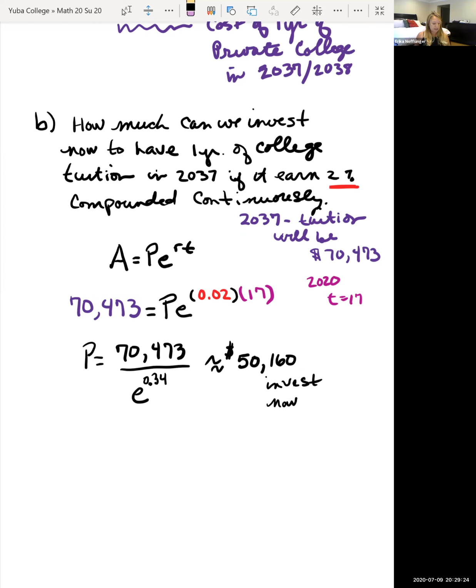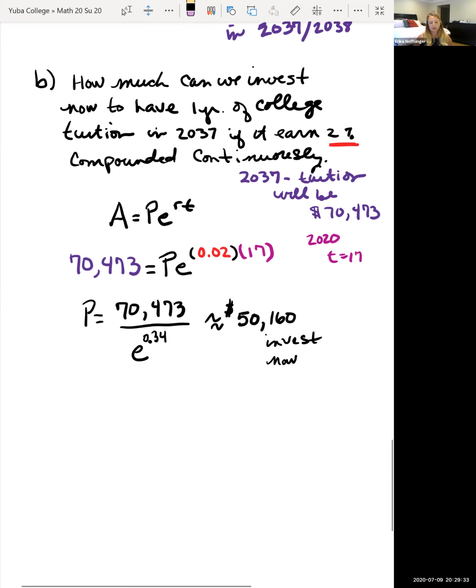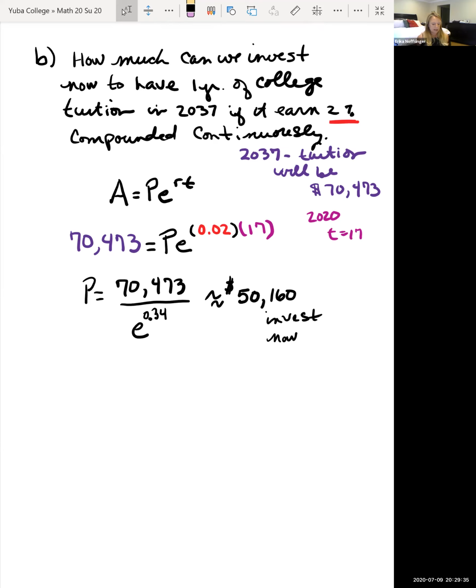Okay, so that was the type of word problems from the 6.7. 6.8, we kind of talked about already. I gave you formulas for exponential growth and exponential decay. And so let's look at a couple of problems dealing with that.